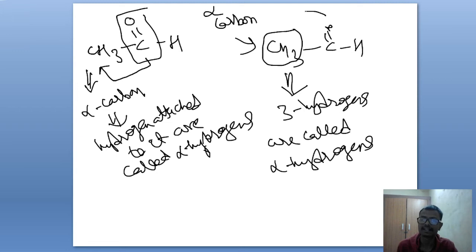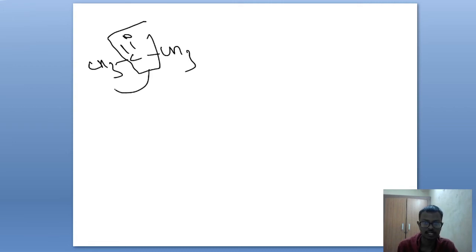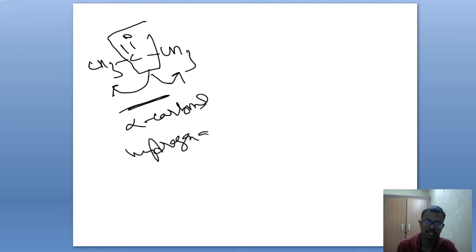Because it is next to the functional group, and the functional group here is the carbonyl group or aldehyde group. Similarly, take a ketone. This is the functional group, and adjacent to it we have two carbons, and these carbons are called alpha carbons, and the hydrogens attached to them are called alpha hydrogens.